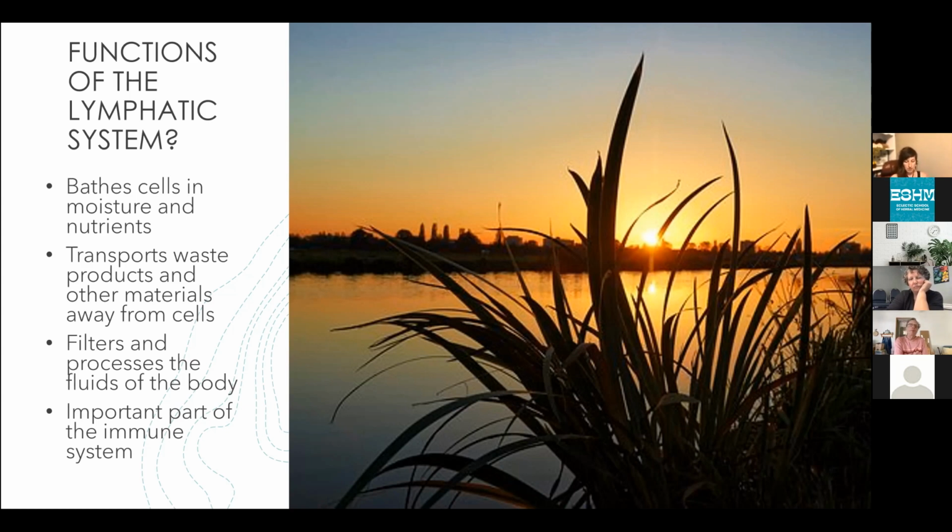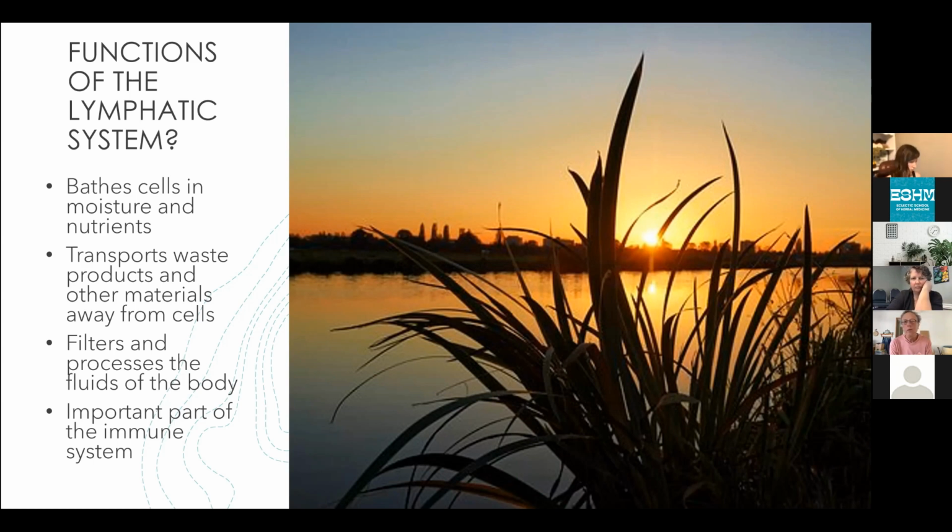And it also cleans, filters, and processes fluids of the body, kind of like a gutter system or a water treatment facility. Because of all of these things, it's a very important part of the immune system. It carries lymphocytes and other types of immune cells throughout the body to protect us.